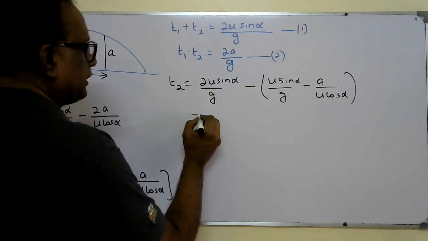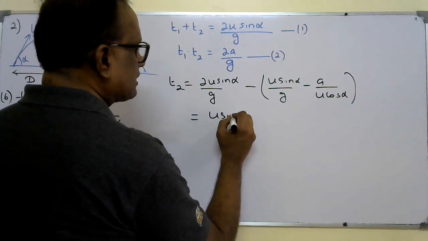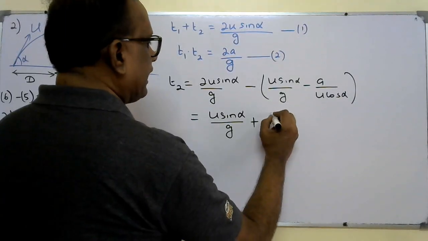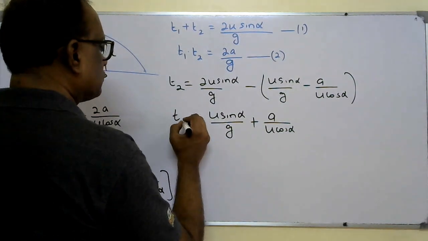Sorry, that's going to be 2u sin alpha over g minus u sin alpha over g, that is u sin alpha over g, minus into minus plus a over u cos alpha. That is t2.